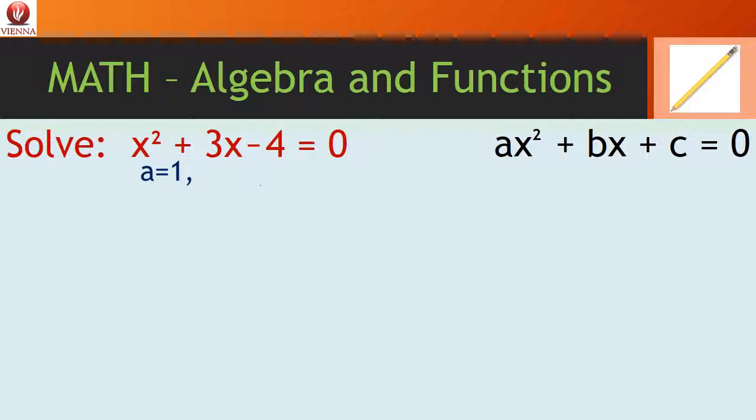All right, and then we have plus bx, or on the left, plus 3x, so b equals 3. And then c, the constant, be careful that you don't think of this as equaling 4. That minus 4 tells you that c equals negative 4. All right, so a equals 1, 1x squared, b equals 3, 3x, and c equals negative 4.